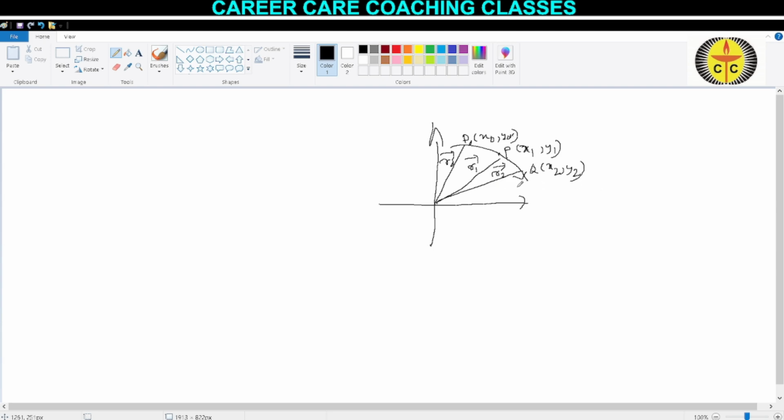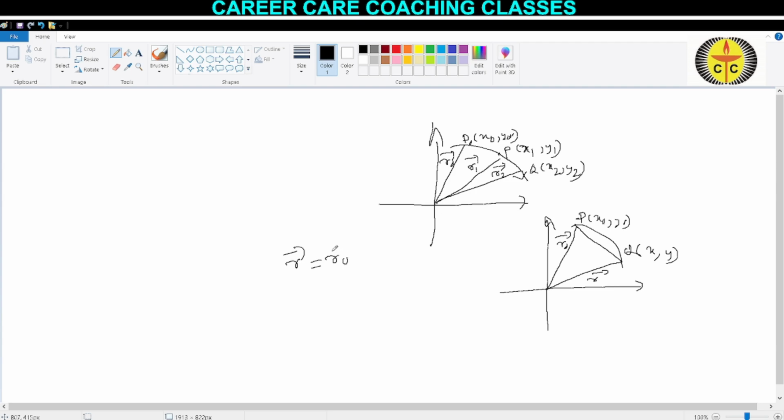I can simplify this figure again. This is your R and this is R0. So we got the relation like this: R is equal to R0 plus Vt.